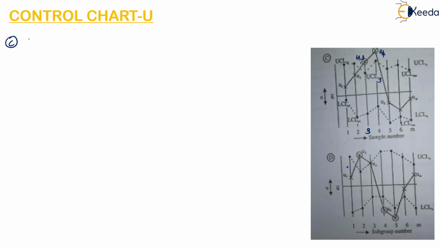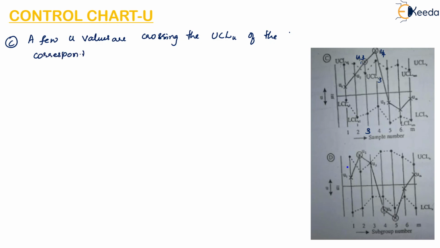So we can say a few u values are crossing the UCL u of the corresponding subgroup.